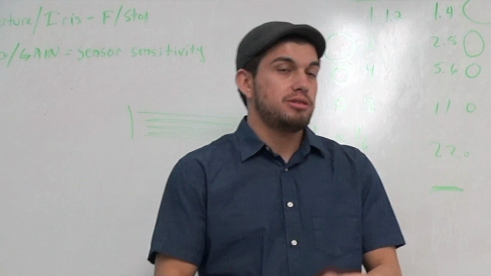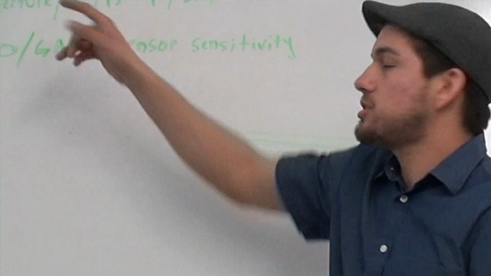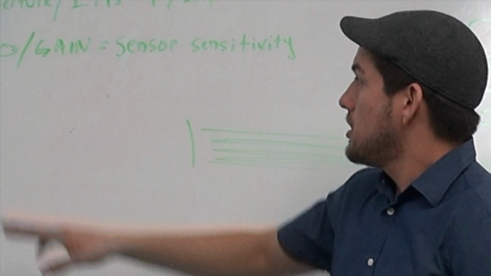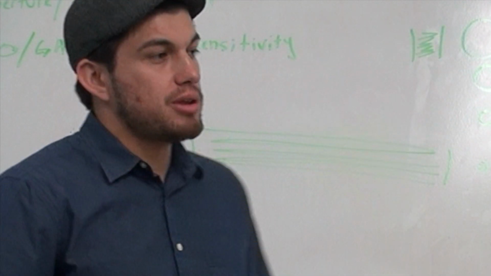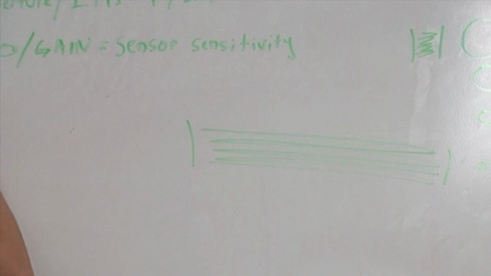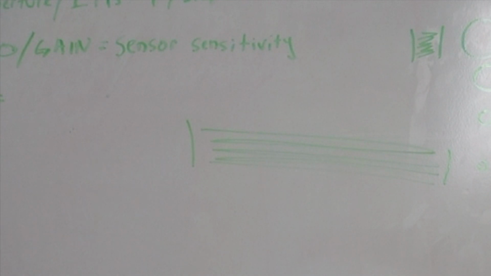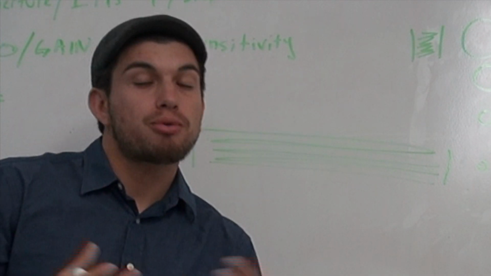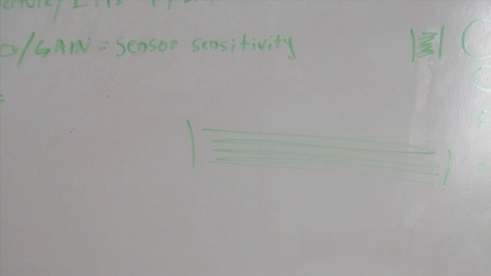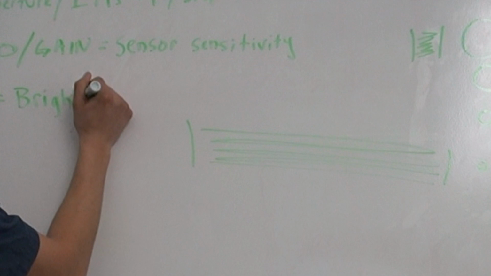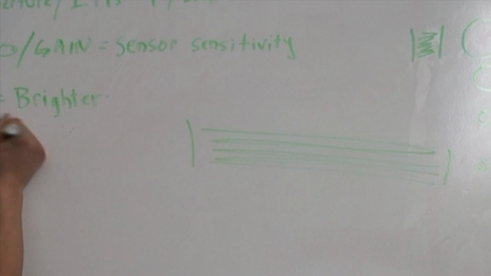The sensitivity part is easy because unlike aperture, where big number equals small hole, ISO and gain work pretty easily because the bigger the number, the more sensitive you're making your sensor. The more sensitive, the brighter you're making your image. So the higher the number, the brighter the image. The lower the number, well, the less bright.